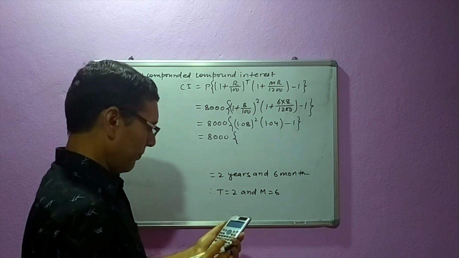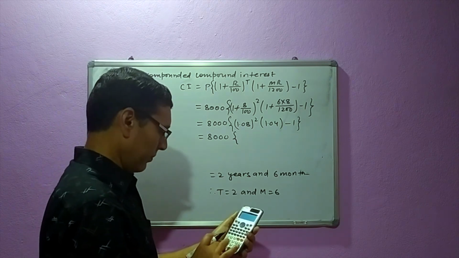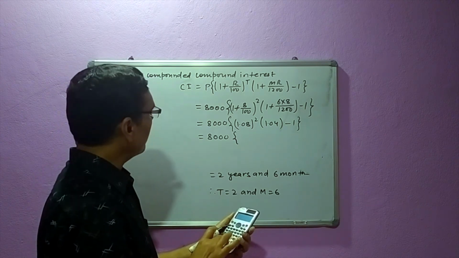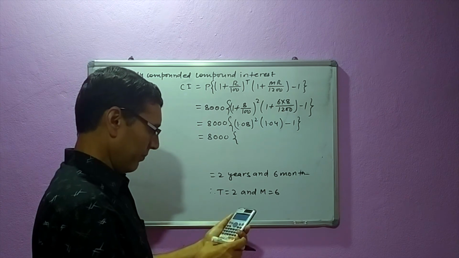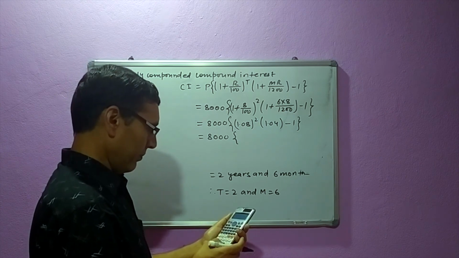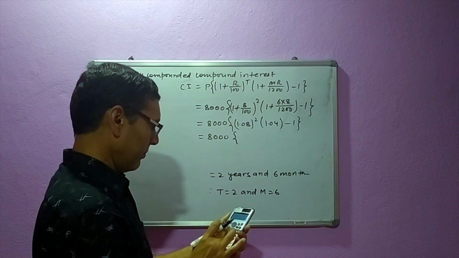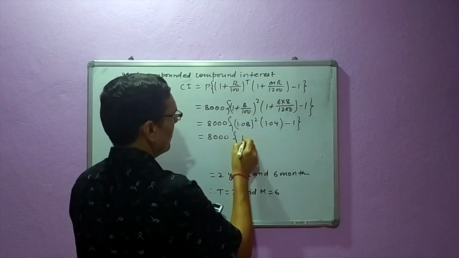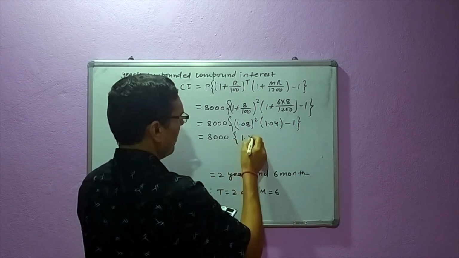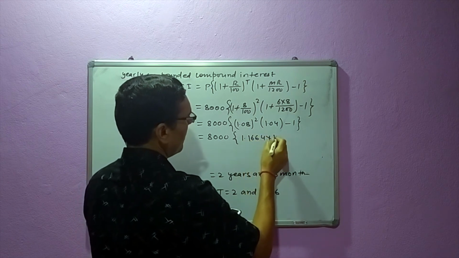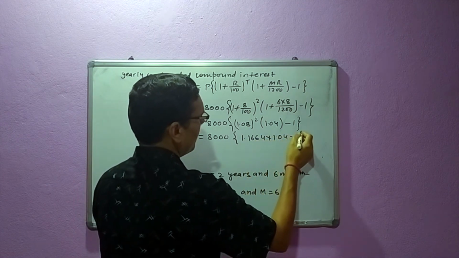So it is 1.08 whole square, which is 1.1664, into 1.04, minus 1.